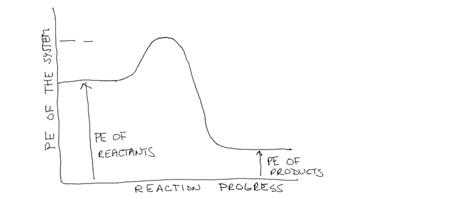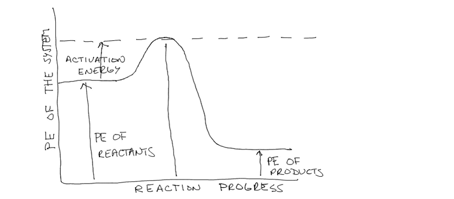The activation energy, we draw these dashed lines just kind of for a reference point, is the energy to get us to the top of the barrier. At the top, we have all of the energy stored within the system. This is the activated complex.